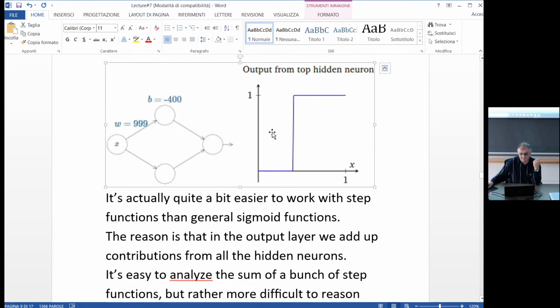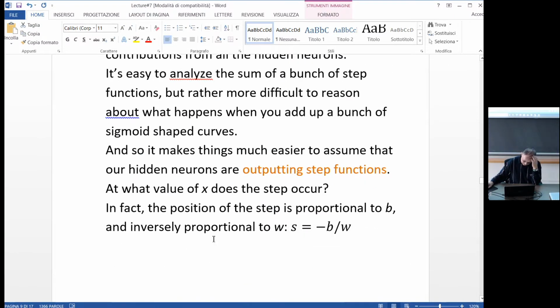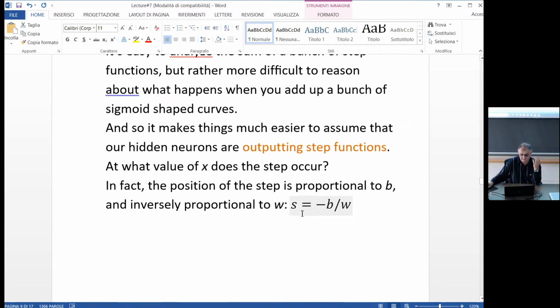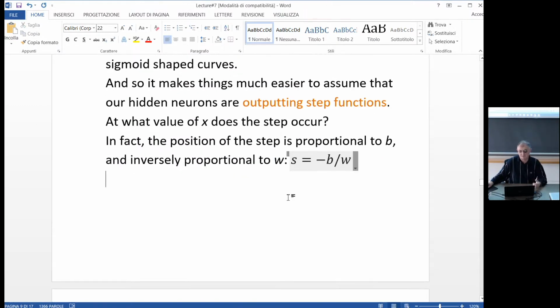Absolutely clear that in this situation, when we have B and W, the position x of the jump is precisely s equals minus B divided by W. So we can introduce a new parameter s, yes, it is the point of jump of our elementary step function.